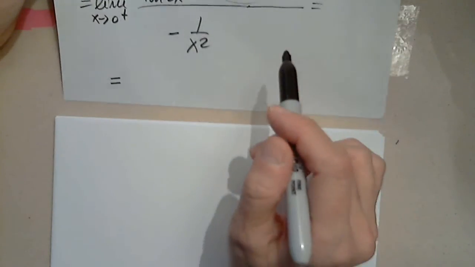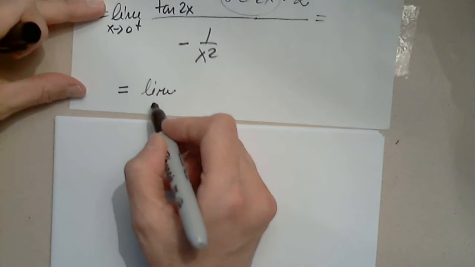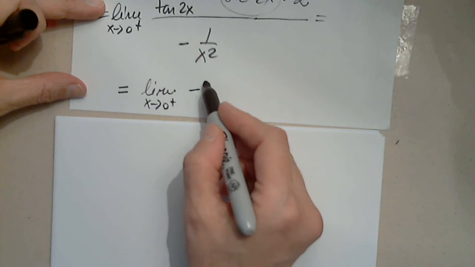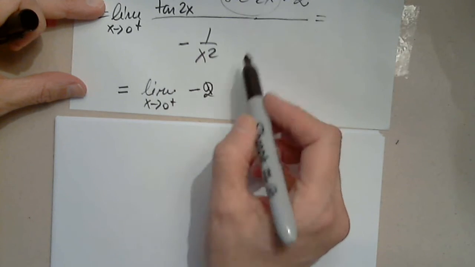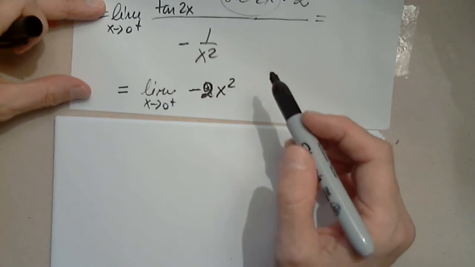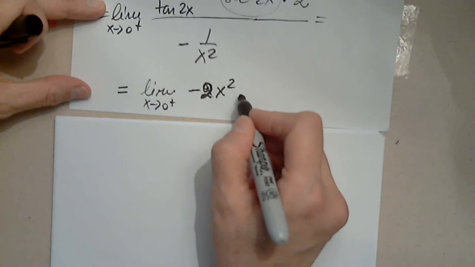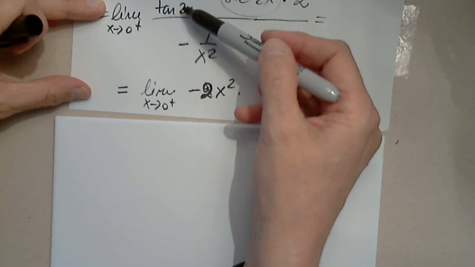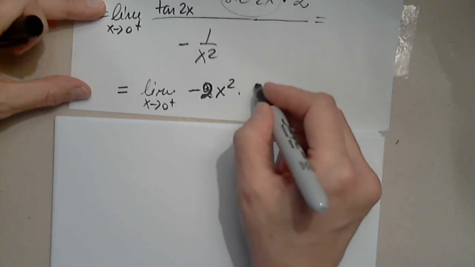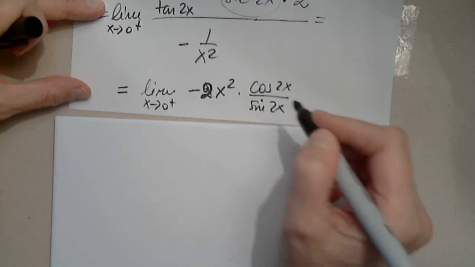So, for now, I'm going to write limit as x approaches 0 from the right, of negative 2 x squared, multiplied by 1 over tangent, which is sine over cosine, or cosine 2x over sine 2x.